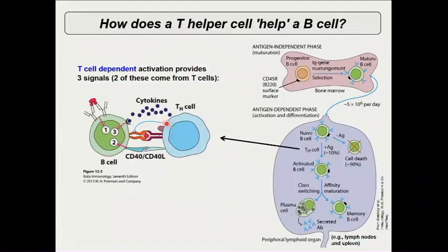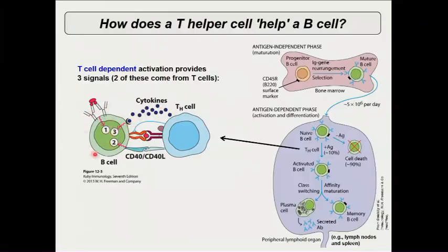And that can be recognized by the T helper cells, which makes this particular T helper cell happy, so it activates the T helper cell, and then the T helper cell produces proteins that can strengthen the interaction, and it produces cytokines that can be detected by this B cell.